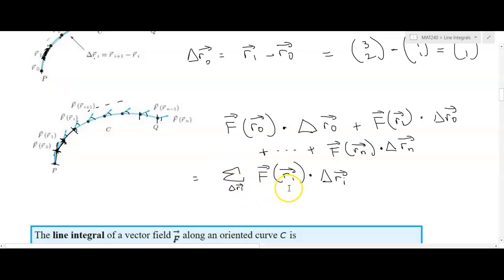Whenever we are summing things together, we want to, of course, be able to take an approximation and make it exact by saying, well, let's make delta Ri really, really, really small.